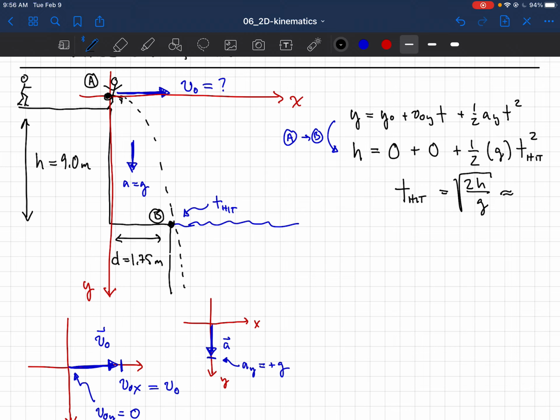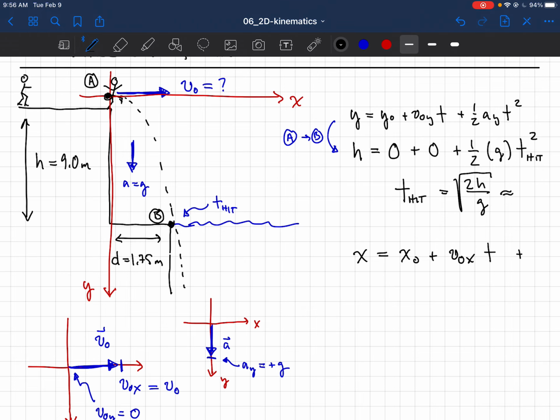So I've used h. I haven't yet used d. So let's write down an equation where d would appear. Well, that's a horizontal distance. So I could write down the equation for the diver's horizontal position.